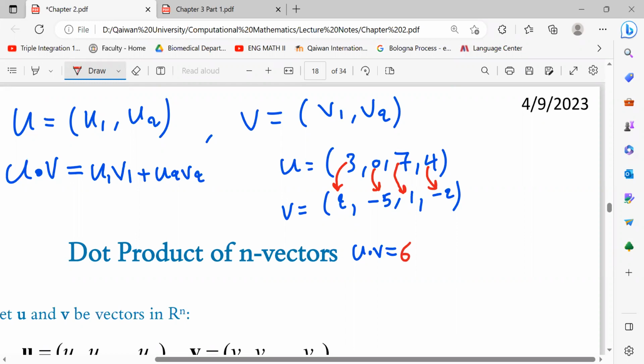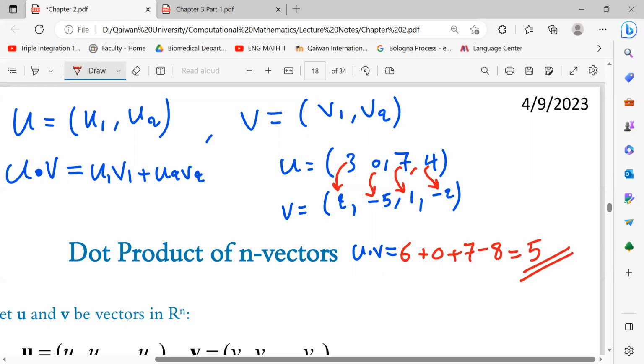Then 0 times negative 5 is 0, plus 7 times 1 is 7, plus 4 times negative 2 is negative 8. Find the sum of these 4 values: 6 and 7 is 13, minus 8 is 5. This is the dot product of those two vectors.